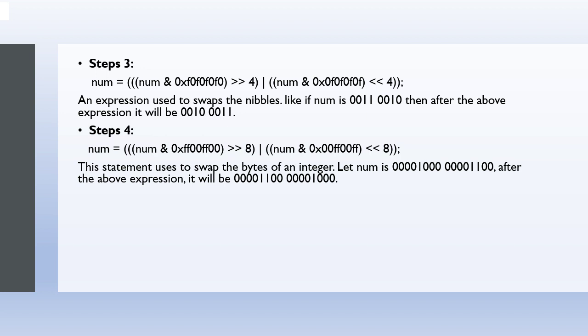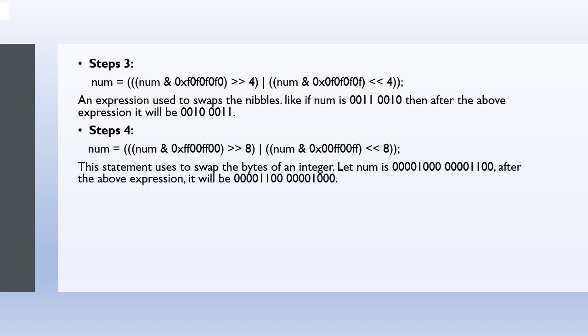Let the number be 0000 1000 0000 1100. After the above, the whole thing will be swapped, right? The value of the bytes will be swapped.